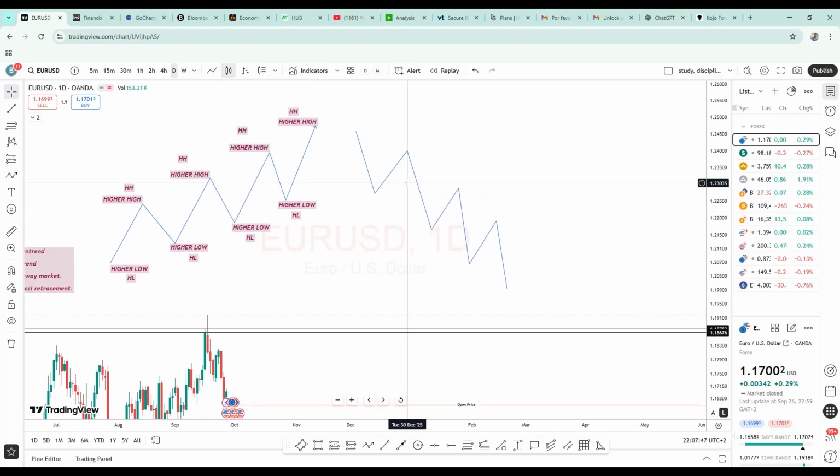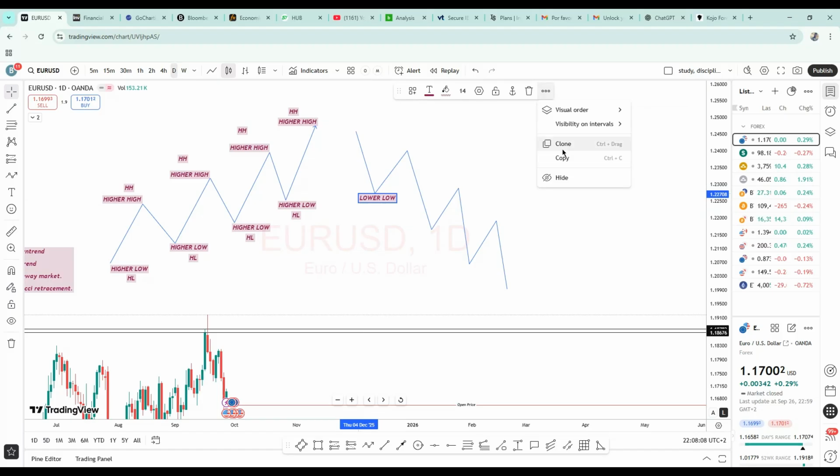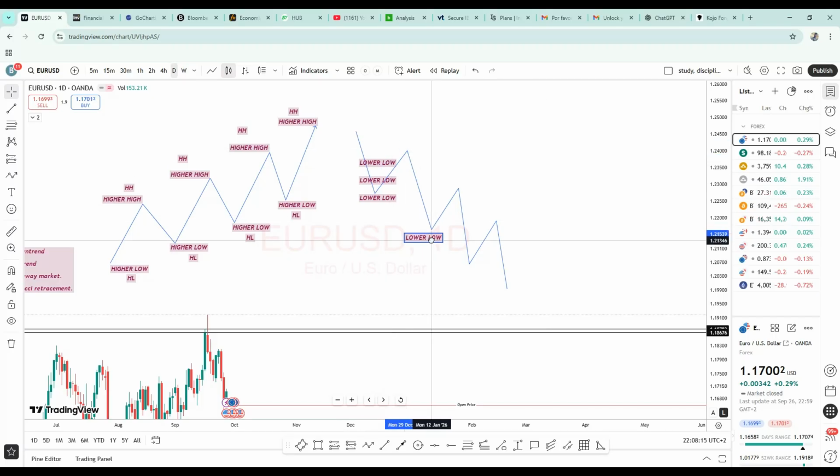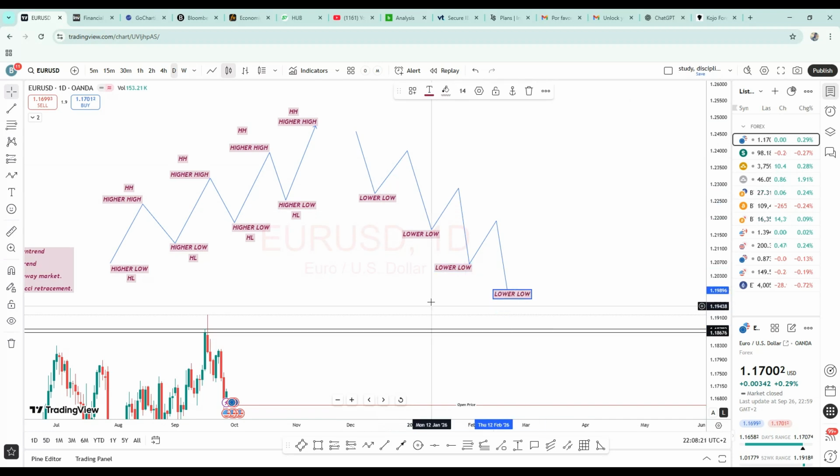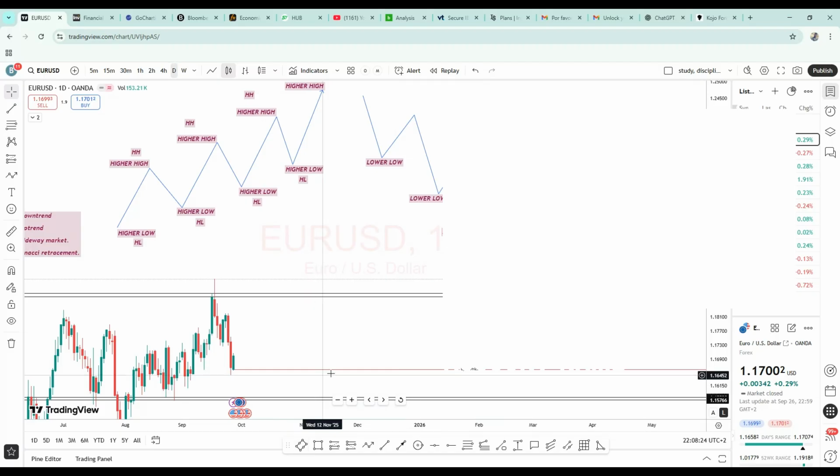All right. So in this scenario of a downtrend, we have a lower low, we have a lower low, a lower low, and then it may happen that you see this LL.